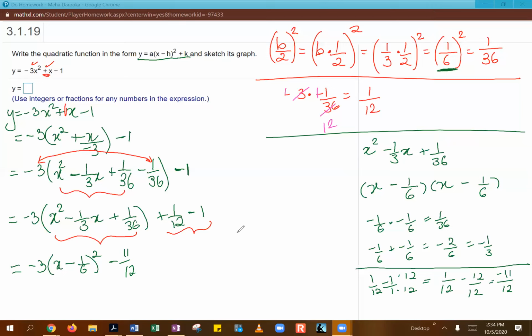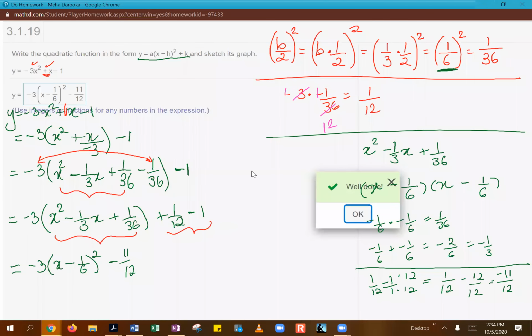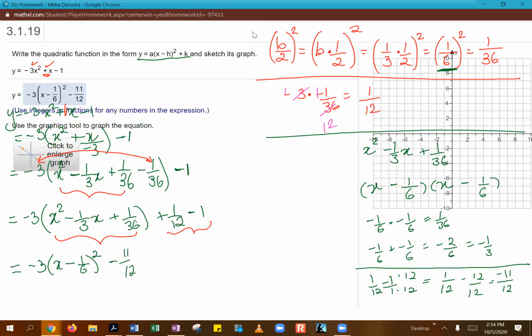Let's see what that will come out to be. Okay, so negative 3 parentheses x minus 1/6, the whole thing to the second power, and then minus 11 over 12. Alrighty, very nice.